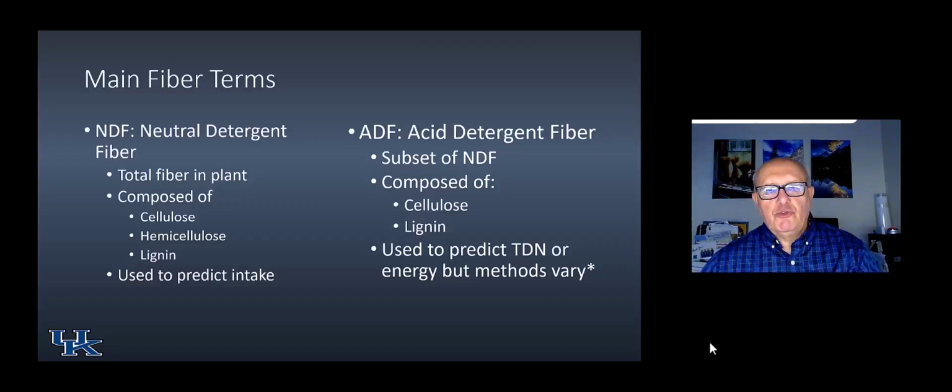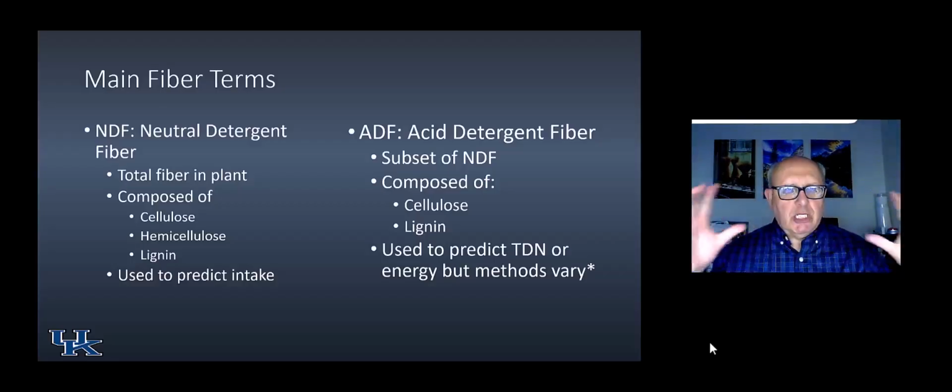And so we use the ADF then to predict TDN, total digestible nutrients, and we're going to use a lot of terms synonymously here: energy, digestibility, total digestible nutrients, or TDN. And we're going to think of them in the generic sense most of the time as just the energy value of a forage.